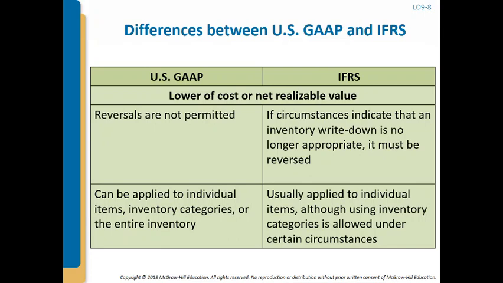Well, what happens if after you make your adjustment, lowering it to LCNRV, you have an increase in the value of those items? Well, you don't do anything, so you cannot reverse the situation. You just keep it at the LCNRV.